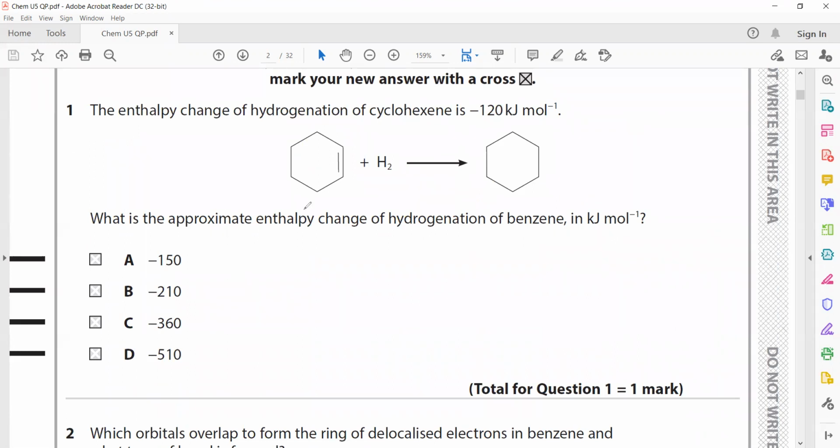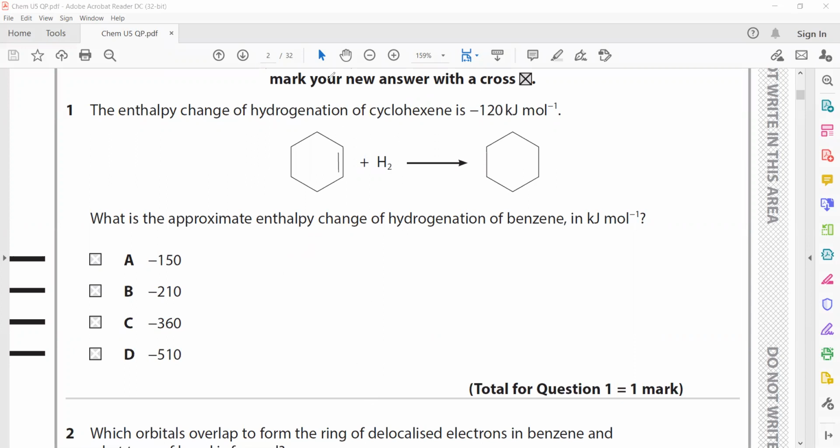The first one: the enthalpy change of hydrogenation of cyclohexene is given, which is minus 120 kilojoule per mole. What is the approximate enthalpy change of hydrogenation of benzene? So benzene is more stable, and this is for 1 mole.